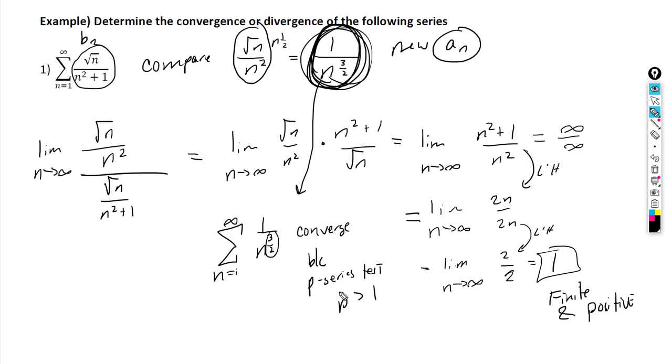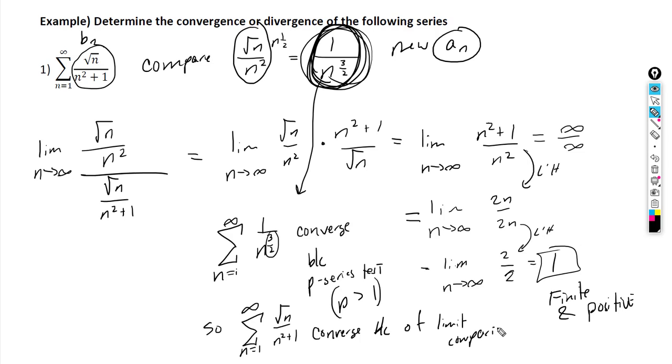So because that's greater than 1, which it is, we know that the original series, the sum from n equals 1 to infinity of square root of n over n squared plus 1, is going to converge because of the limit comparison. Okay, so that's what the limit comparison test says.